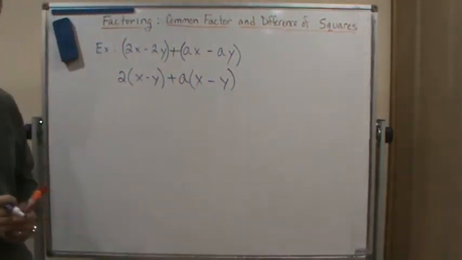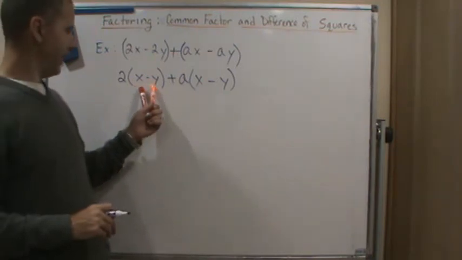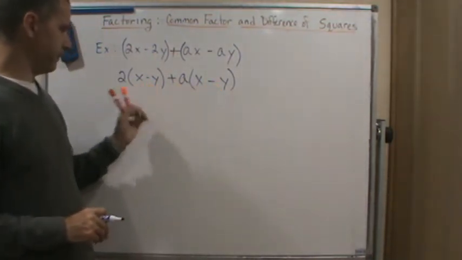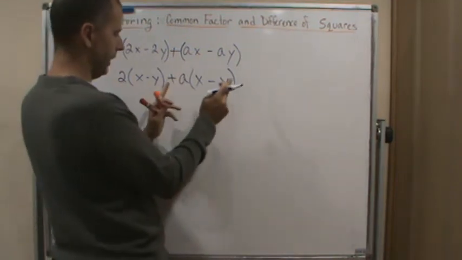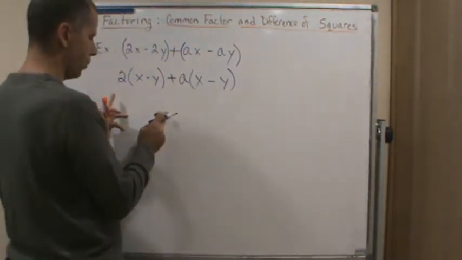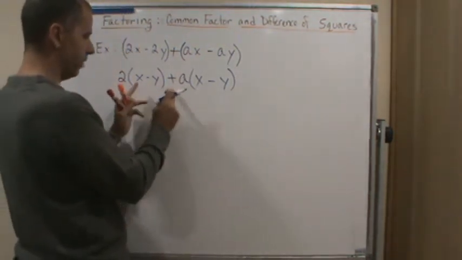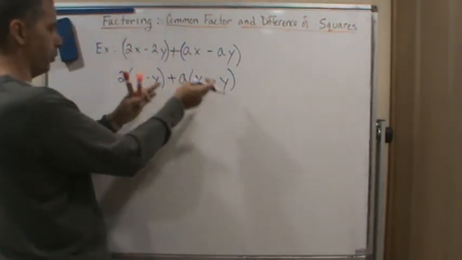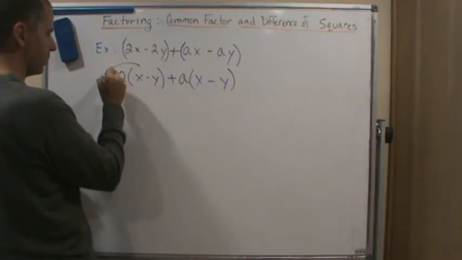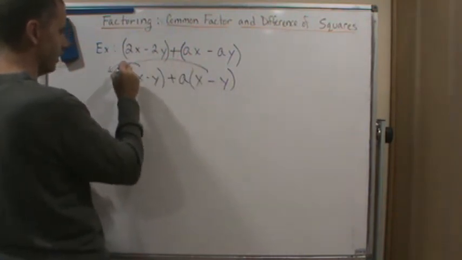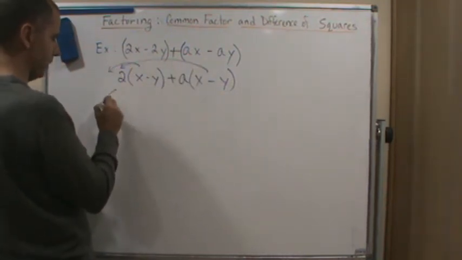Now notice, this is where the magic is. Now I have another common factor. There's this monomial and this product, so we have a common factor here and a common factor here. Now I can pull this common factor out. I'm going to pull out the x minus y.